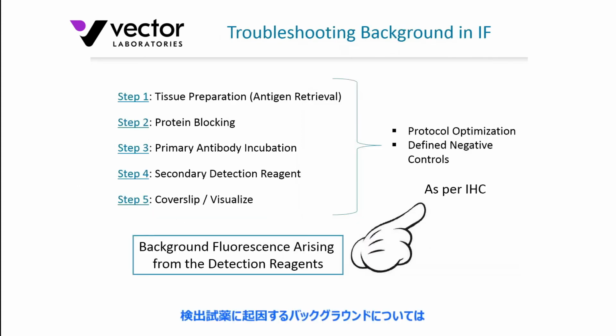If you do see background attributed to the detection reagents, run through the defined deletion controls similar to what we described just previously for immunohistochemistry. For example, just apply that secondary fluorophore detection reagent. Is there any background? If so, it may be attributed to species cross-reactivity.